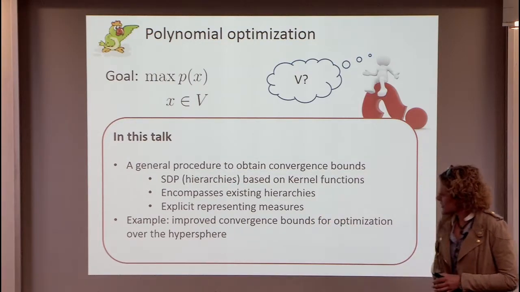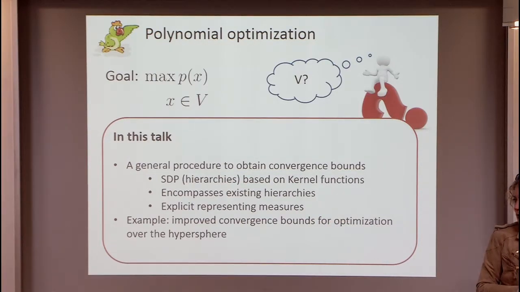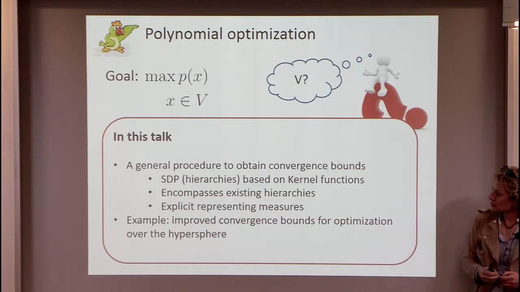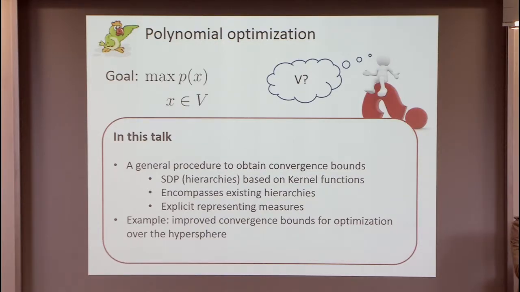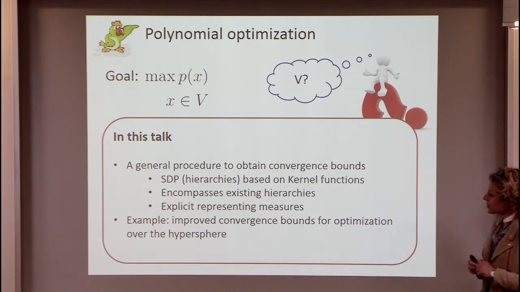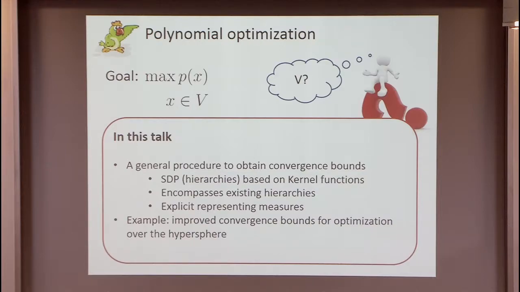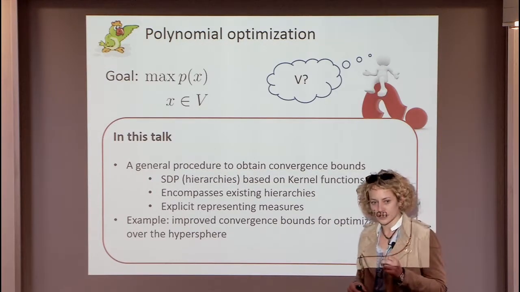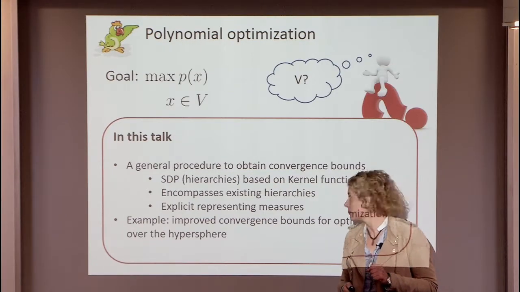It encompasses some of the existing hierarchies, in particular, for the quantum people here, also the way of writing it on tensor products of systems, if you want. We will obtain explicit representing measures, and we will also get some improved convergence bounds for optimization over the hypersphere. This is an example that I'm going to discuss in particular.